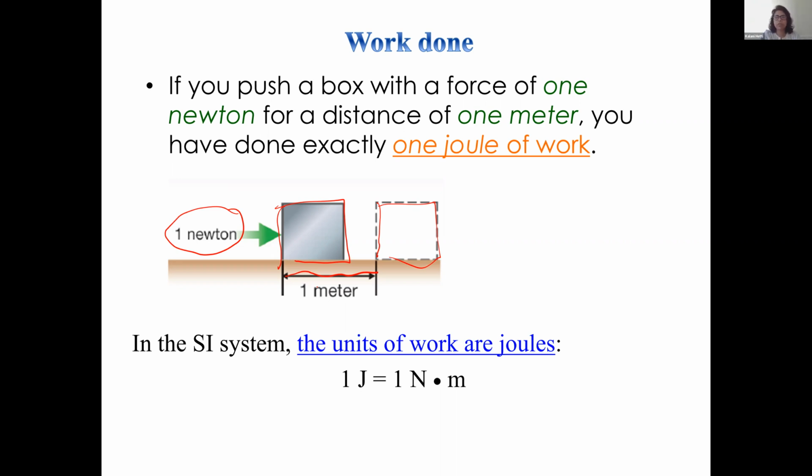That is Newton times meter, because force times distance gives the unit of joule, right? So this object moves 1 meter by applying 1 Newton, then there is 1 joule of work done. Okay, that's the basic definition of work done.